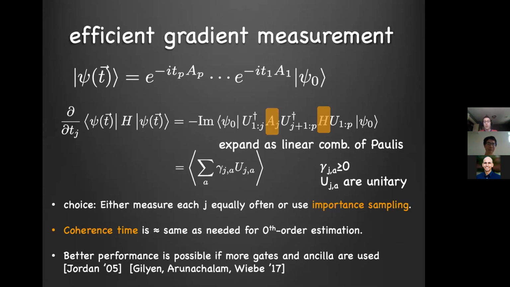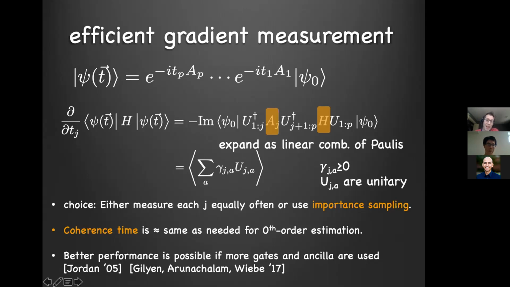They consider the regime where you can do phase estimation, right? So how do you measure H? One way to do it is you just sample terms from H and measure those. The other one is you do phase estimation on it, and that will give you something more precise, but you'll also need more coherence time.